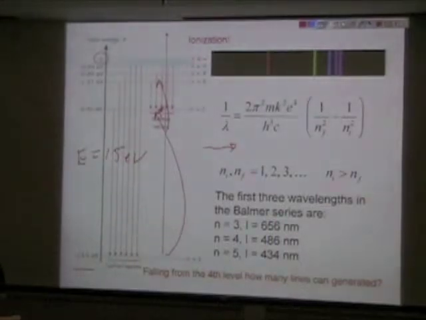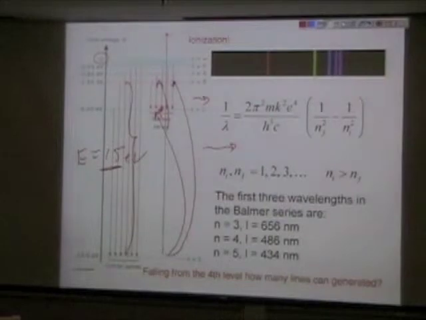Now I think 15 is enough to actually jump to the third level, but still not all photon energy will be lost. A photon is lost completely when the photon energy equals exactly the difference between two energy levels. Exactly. In that case, the electron takes all energy and the photon might disappear.